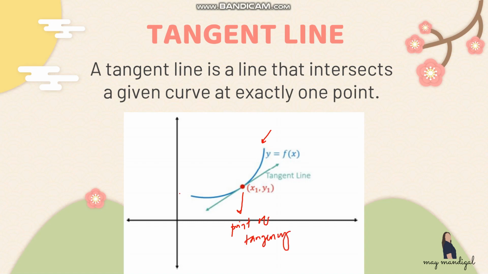If we want to identify the instantaneous rate of change of this curve at a specific point, then we can use the slope of our tangent line. Again, this is our tangent line.